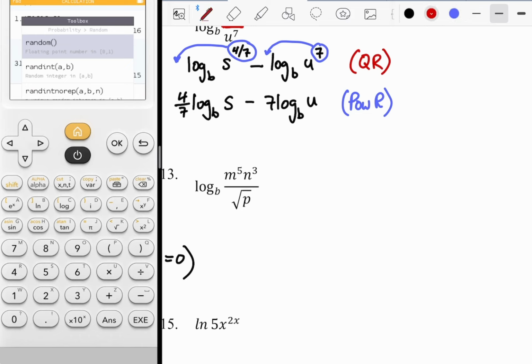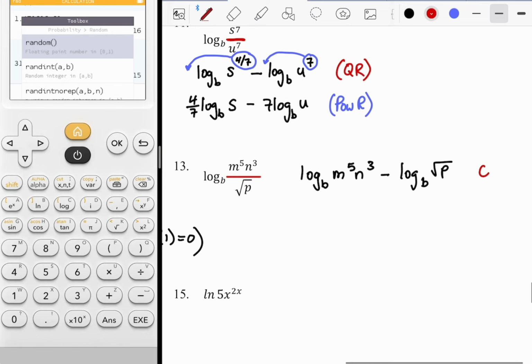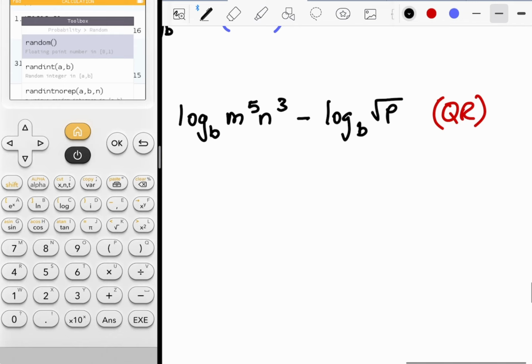So we'll start off with the QR. So log base b of m to the 5th, n to the 3rd, minus log base b of the root of p. Again, quotient rule. There's an implied multiplication here, so I could use the product rule.